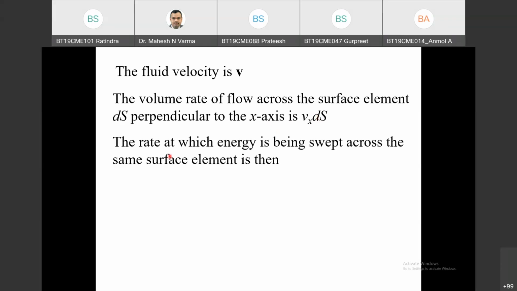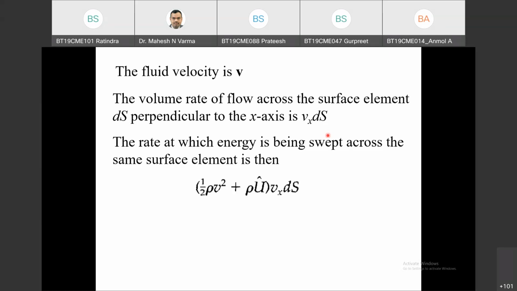This will be the rate at which energy is being swept across the surface element in the x direction. We are discussing only the x direction. If this is the volumetric flow rate, and I have total energy per unit volume, that will give me the rate at which energy is being swept.